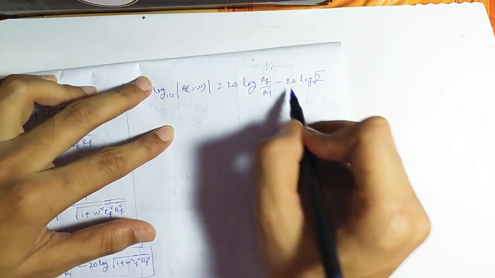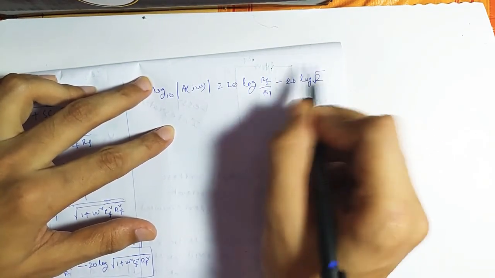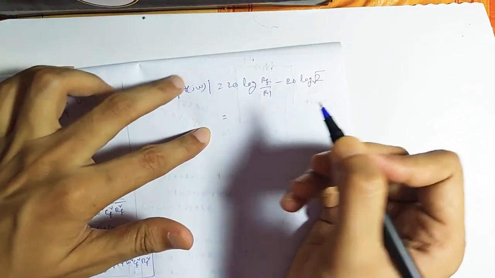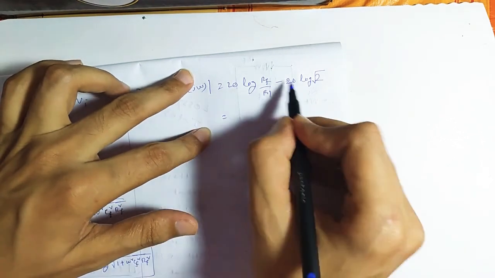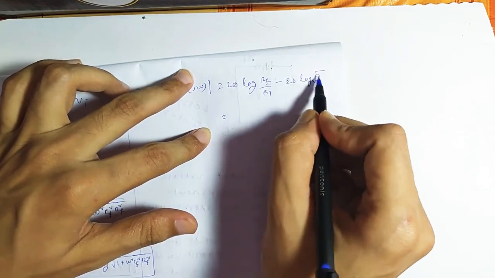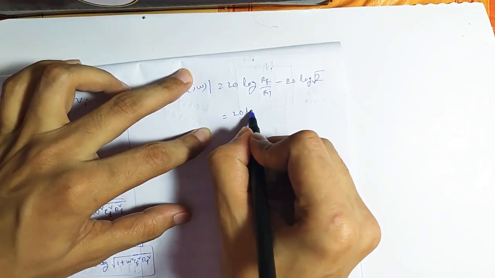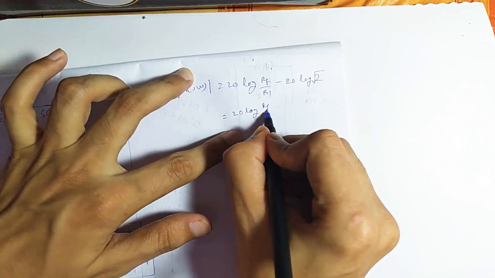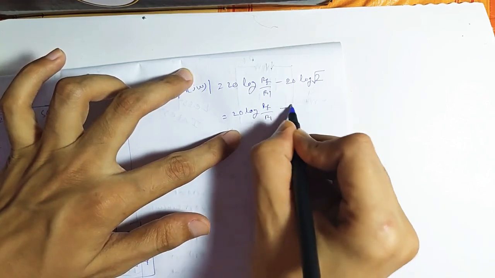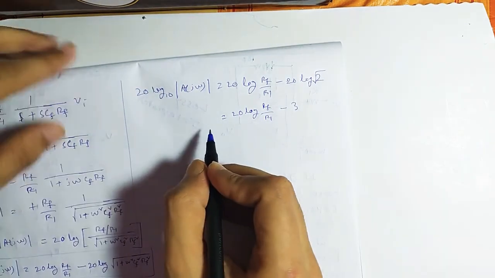That part is equivalently 3: if we use a calculator, 20 log root over 2 equals 3. So it is 20 log Rf by R1 minus 3. That is the second case.